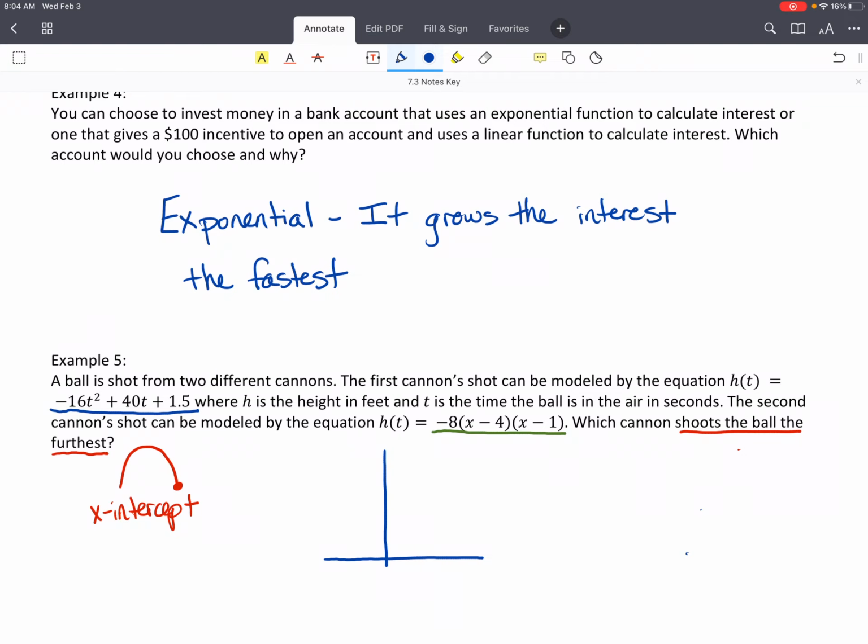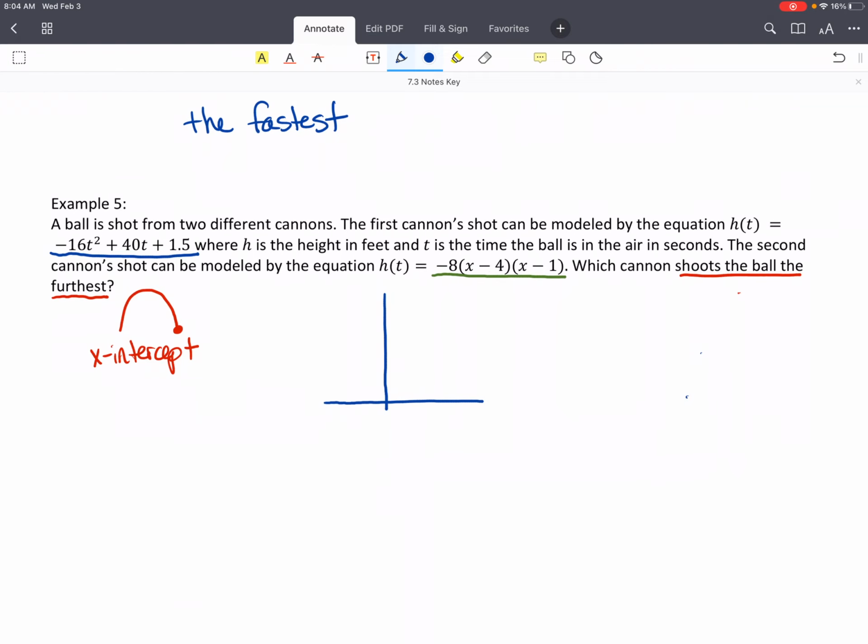And your window might be kind of weird. Just as an FYI, when you are typing this in the calculator, first you type them both into y equals.